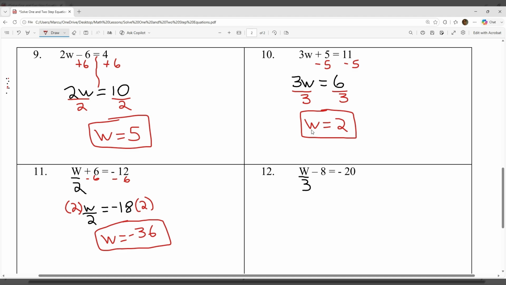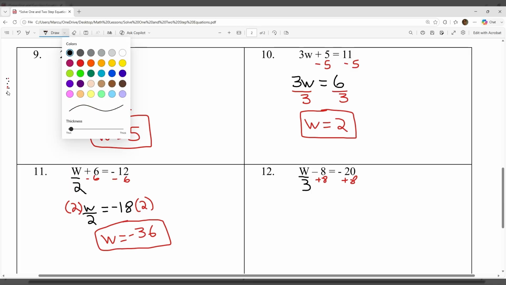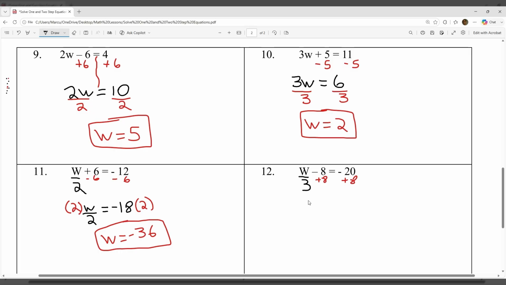And then last question, question 12. That's a minus 8. So instead, you're going to add 8 both sides like this. Changing the colors. So now we get W over 3. The 8's cancel each other. So now we have a negative 20 plus 8, which makes a negative 12.